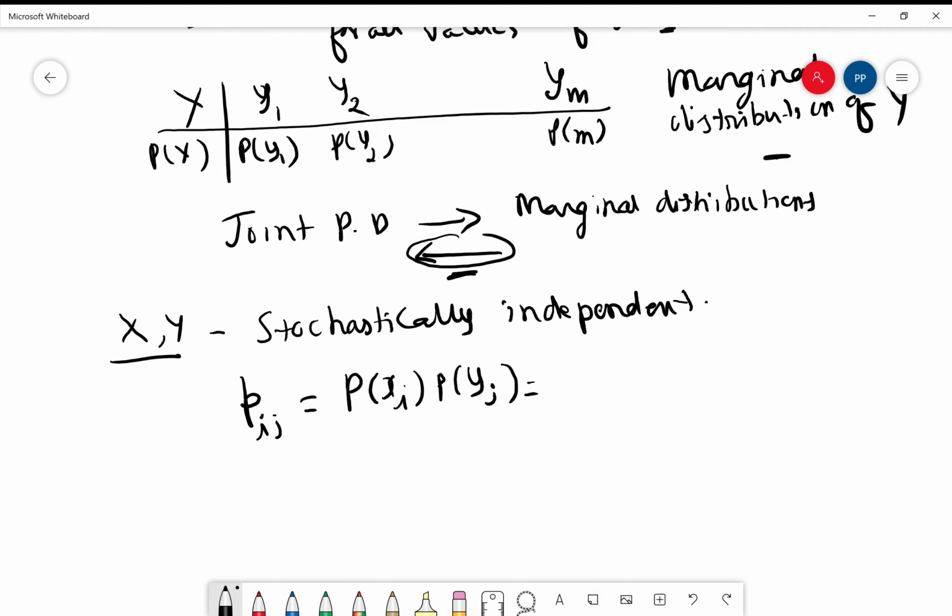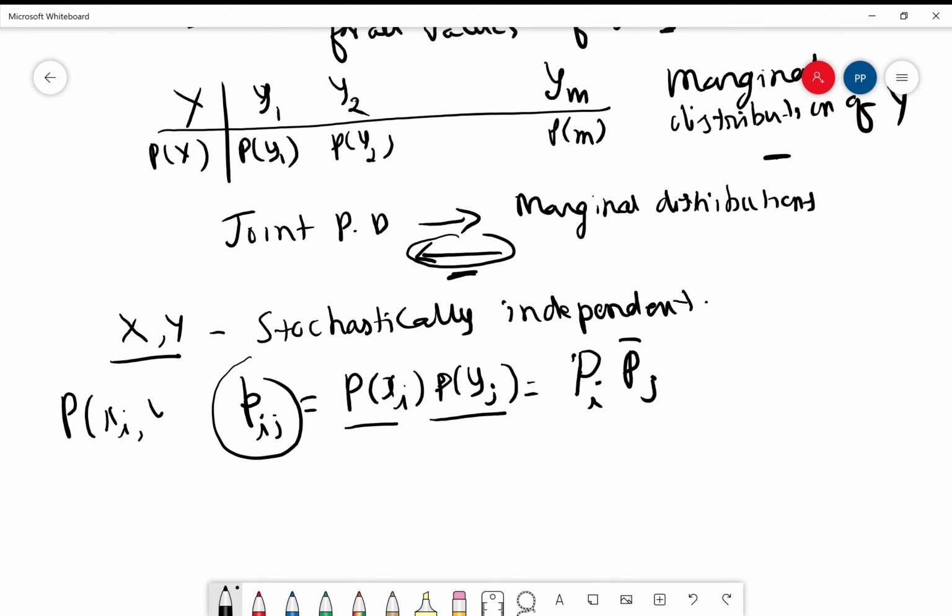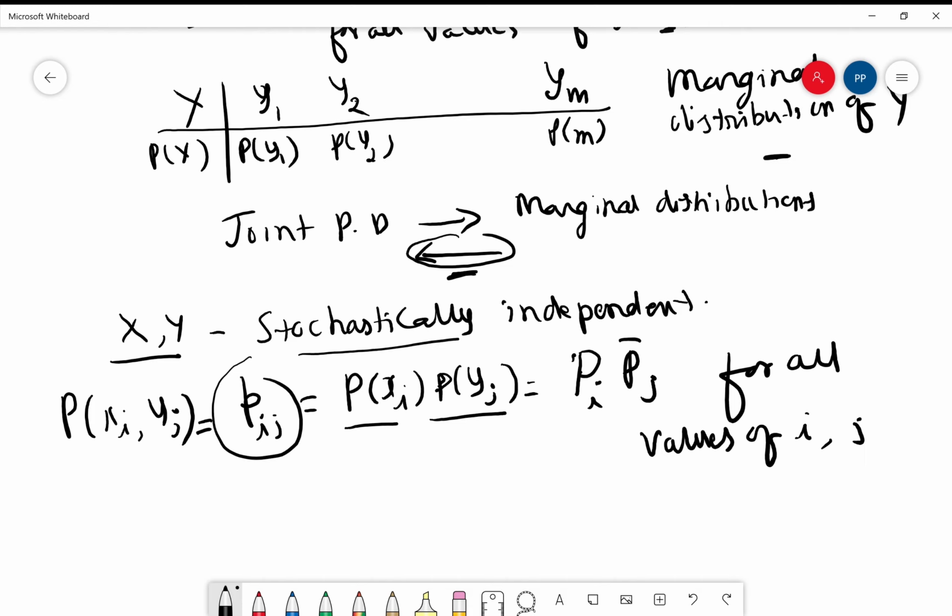The other notation for this is capital Pi, the other notation for this is Pj bar, and the other notation for this is P of xi comma yj. If this is satisfied for all values of x and y, then we can say that they are stochastically independent. In that case, we can find the joint probability distribution from the marginal distribution.